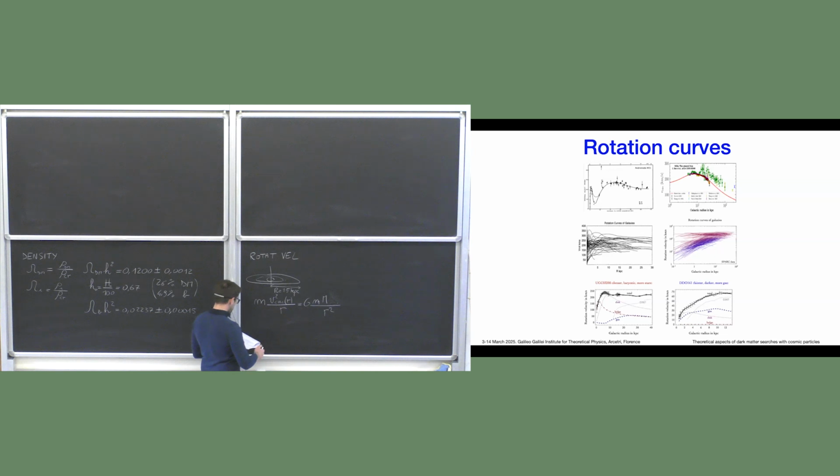So we can write that the circular or rotational velocity is expected to be the square root of G times the mass of the galaxy divided by the radius. Okay, so you expect to have a decreasing trend with the square root of the radius.